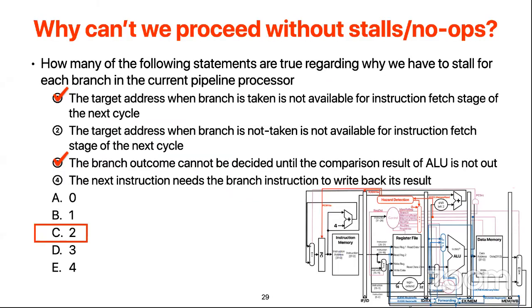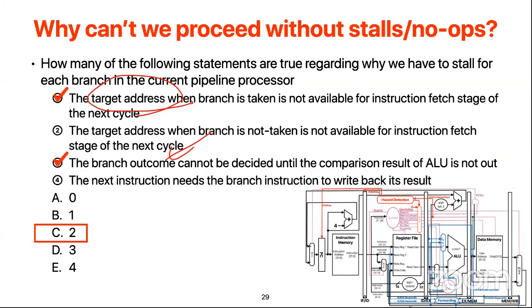So if I want to do static prediction, I still have these two issues. I have to know the target address, and I have to guess the branch outcome.